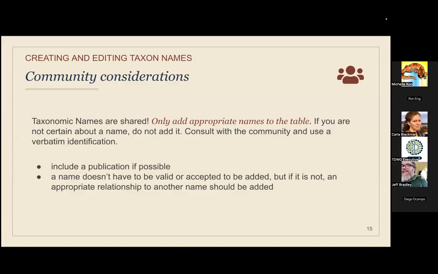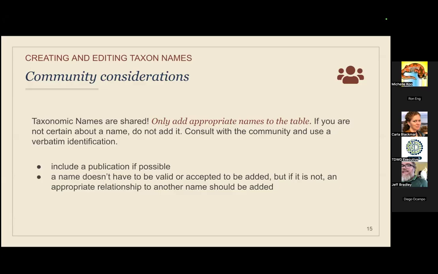Anytime you do add a name, it's great if you can add a publication where the name was first described. Also, a name doesn't necessarily have to be valid or accepted or even properly spelled. But if you're adding a name, there needs to be a good reason.